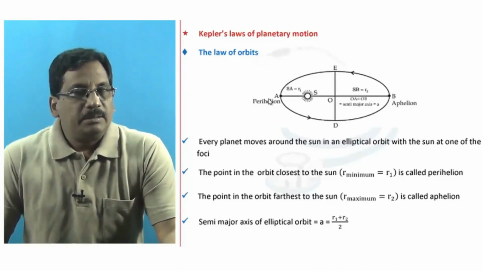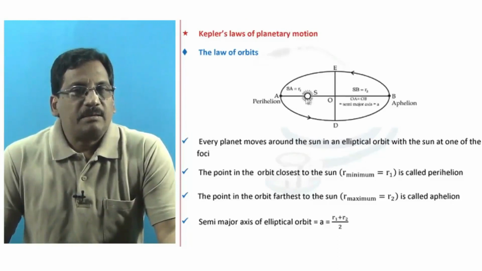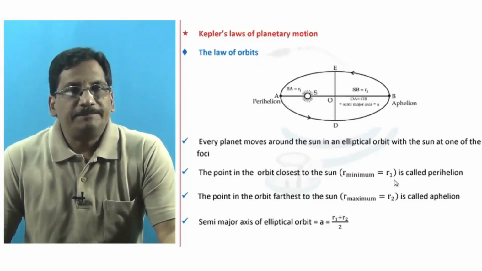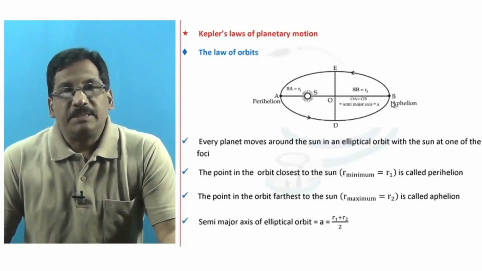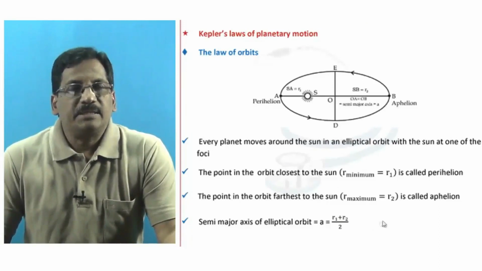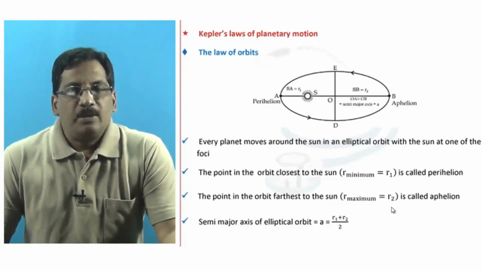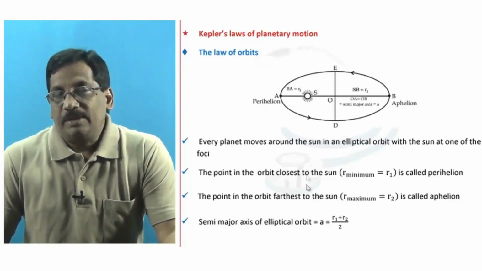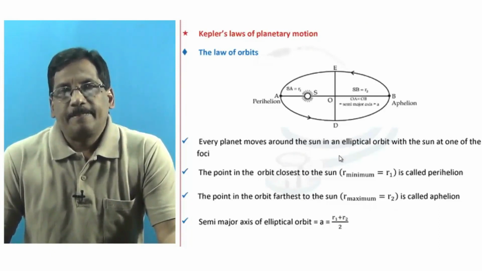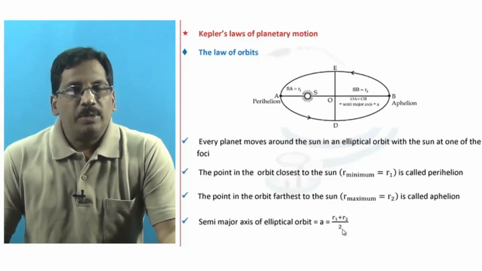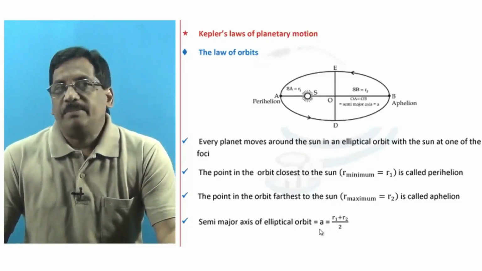And here the distance from the sun to perihelion is r minimum, denoted by r1 here, and the distance from the sun to aphelion is the maximum distance, that is r2. Now, the semi-major axis of the elliptical orbit is (r1 plus r2) divided by 2 and is denoted by a.